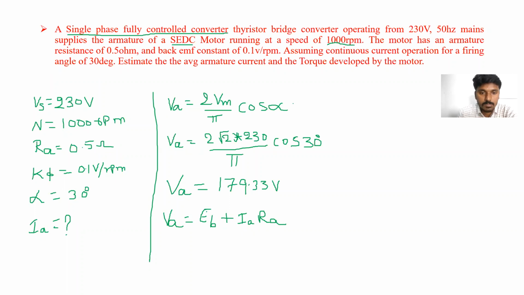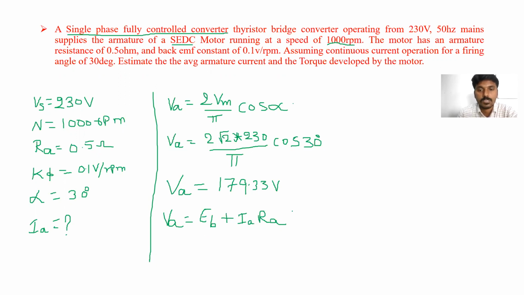Do you know the value of the back EMF EB? We have not found EB, right? If we know EB, and we already know VA and the armature resistance, then we can easily find the armature current. But here we don't know the value of our back EMF.